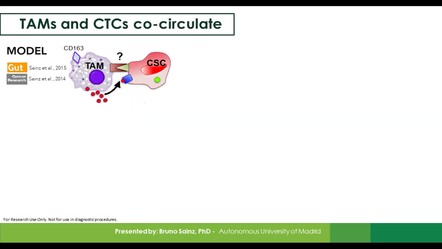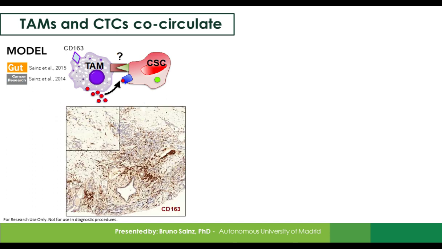So our working model is that TAMs, or tumor-associated macrophages, present in the tumor promote cancer stem cell dissemination by promoting epithelial to mesenchymal transition, or EMT, via secreted factors, or perhaps also by directly interacting with cancer stem cells or cancer cells to promote this fusion event.